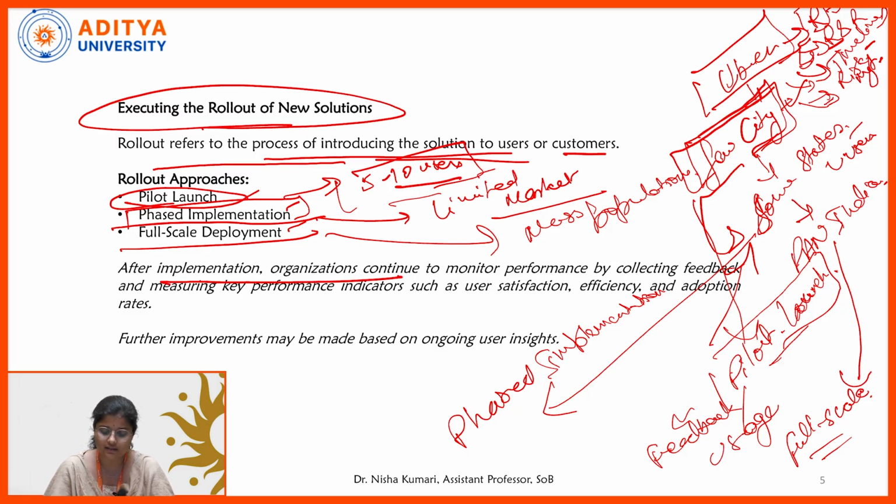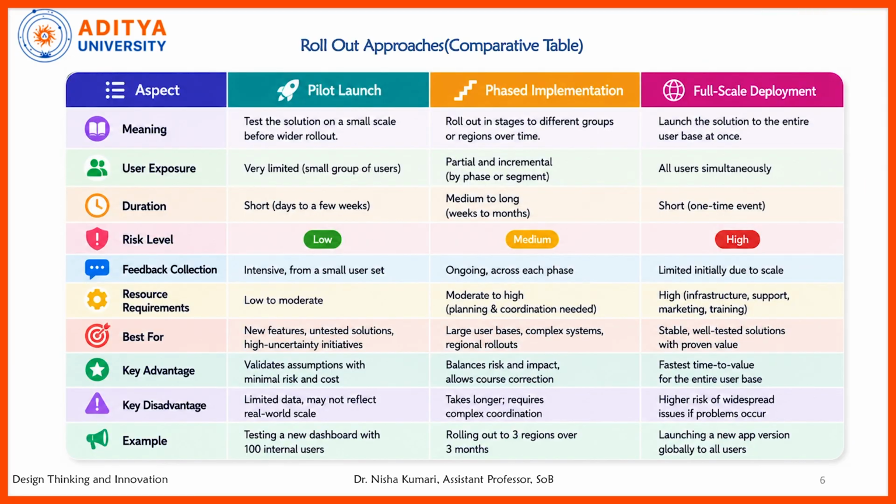After implementation, the organization will continue to monitor the performance by collecting feedback and measuring key performance indicators, such as satisfaction, efficiency and adoption rates. So the different rollout approaches are: first, pilot launch; second, phased implementation; and third, full scale deployment.